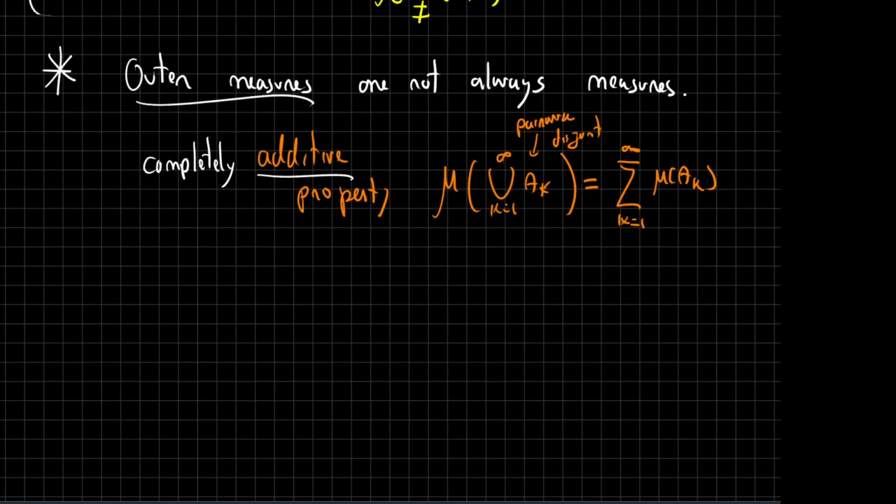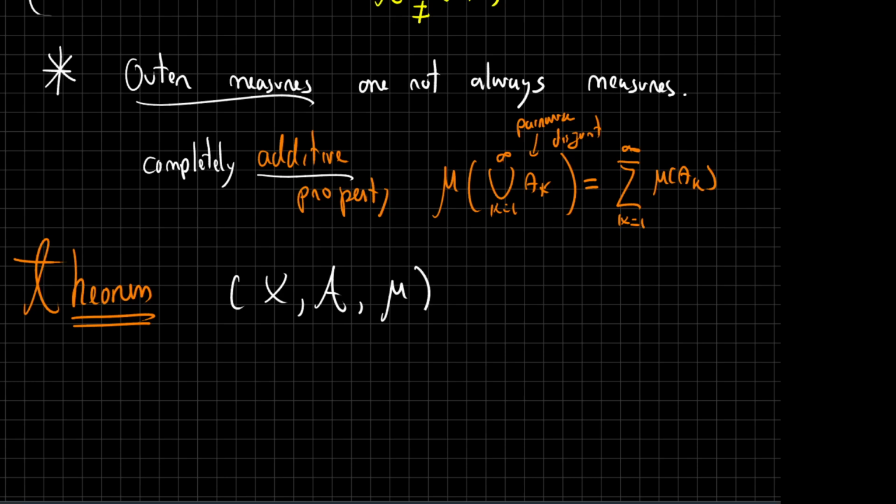Alright, so the following will be an important theorem. It tells us that for any measure space, we have this measure space here, so this is a sigma algebra, which may be a proper subset of the power set.